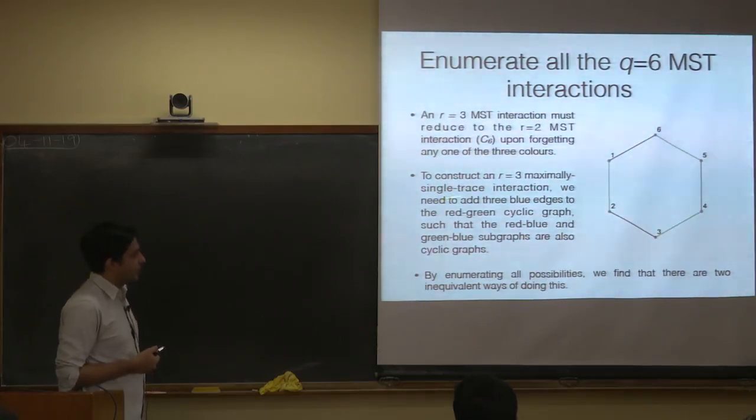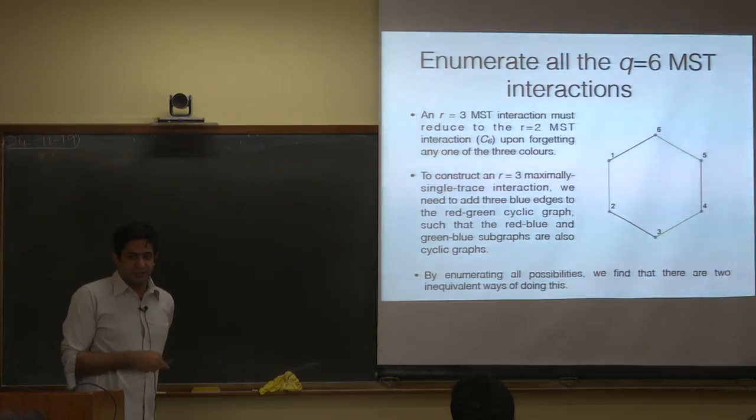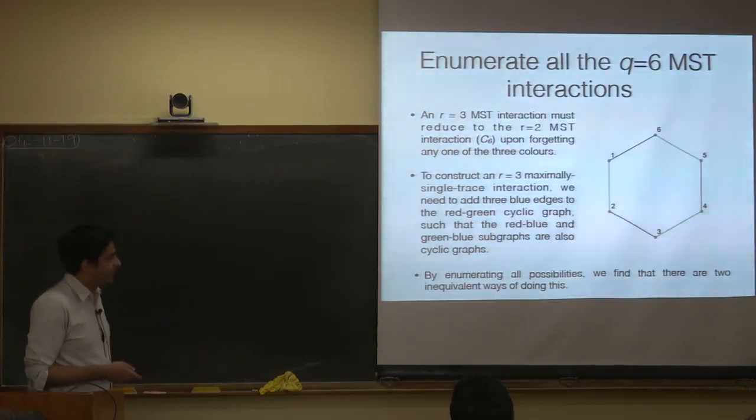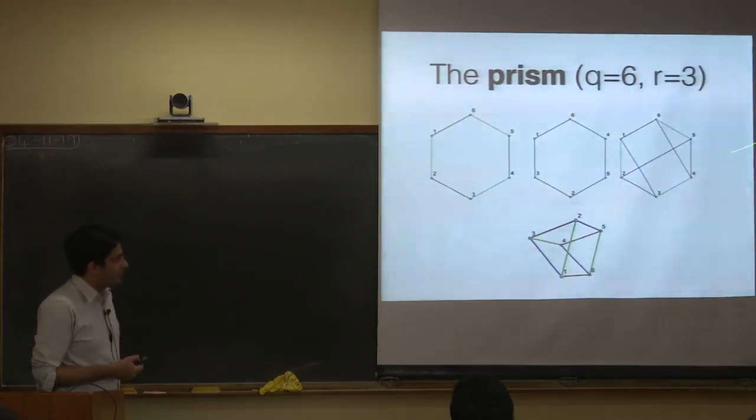So to construct the R equals 3 maximally single trace, you just add 3 blue edges to this graph, such that all the two-color graphs are cycles. If you do it that way, there are two ways to do this, which give you the prism and wheel that we discussed.